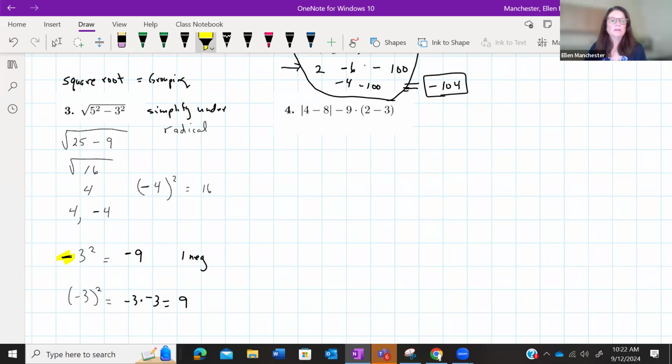But this one, I have two negatives. So one negative is a negative answer. Two negatives is a positive answer. So it's all based on how many negatives you're using. And that way you don't have to go negative times a negative times a negative times a negative. Okay? So that's just something on the side that I want you to be aware of.